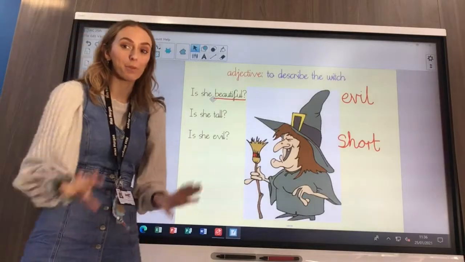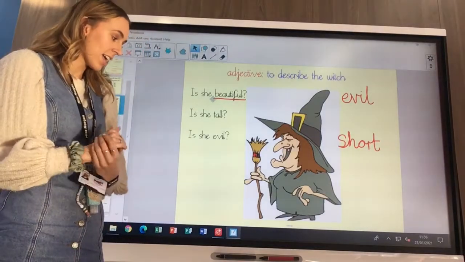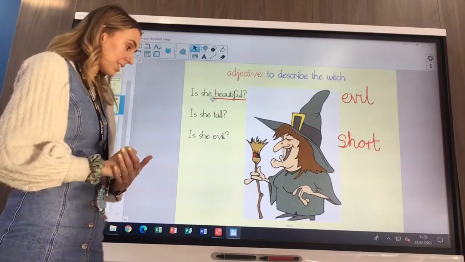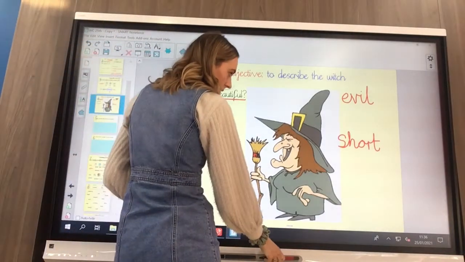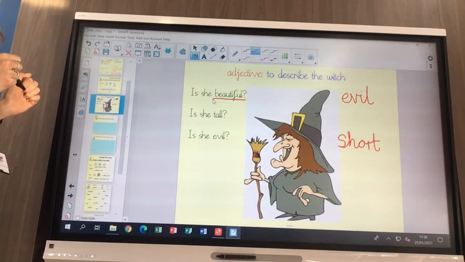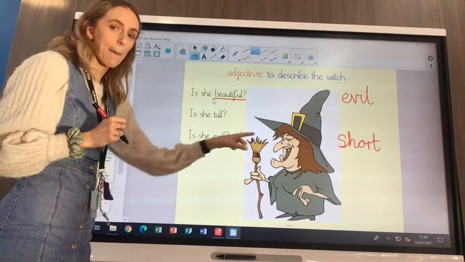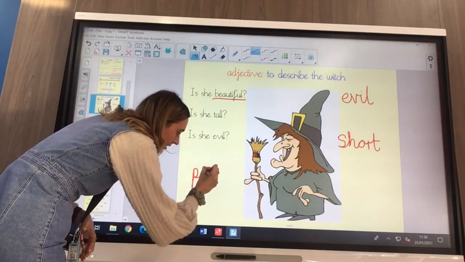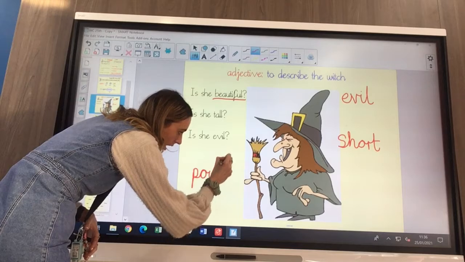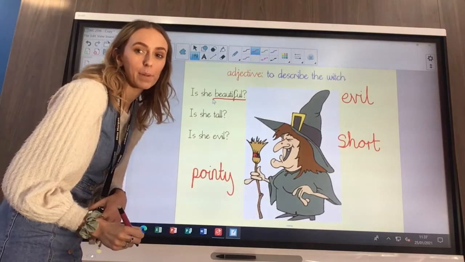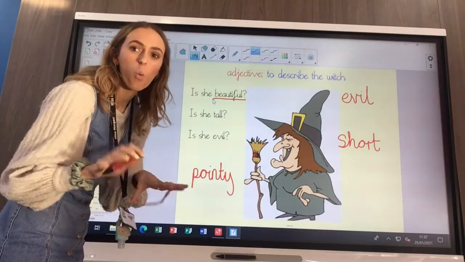Okie dokie, I hope you've got lots of adjectives there. Let me think of some adjectives and you can see if you've got some similar ones to me. Okay, I can describe the witch as, oh, I think she's quite pointy. She's got a pointy nose and pointy fingers. Now I know there's an adjective that lots of people use for witches, and that is wicked.